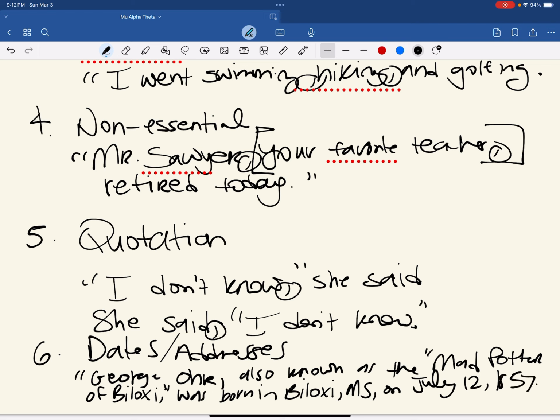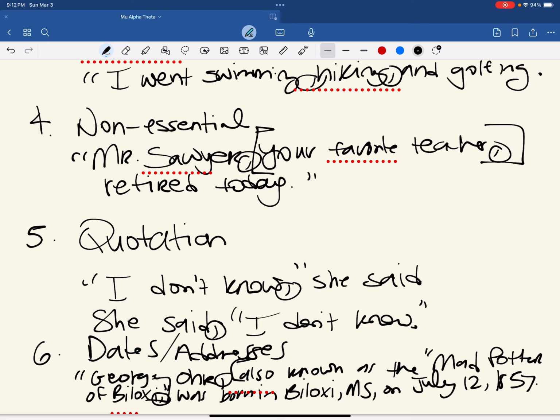Okay, and here we have there's our two concepts that we can apply here. So these two commas separate this non-essential clause that we talked about earlier, because we don't need to know that he's the Mad Potter of Biloxi for this sentence to be grammatically correct.